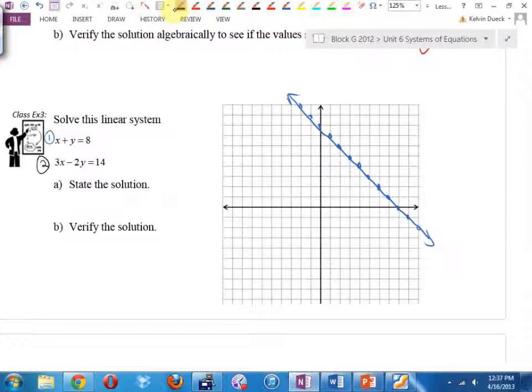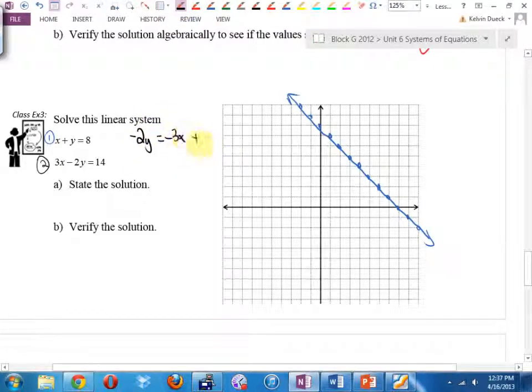Getting the y by itself, you'll have -2y equals -3x plus 14. I think you'll get y equals 3/2x minus 7.